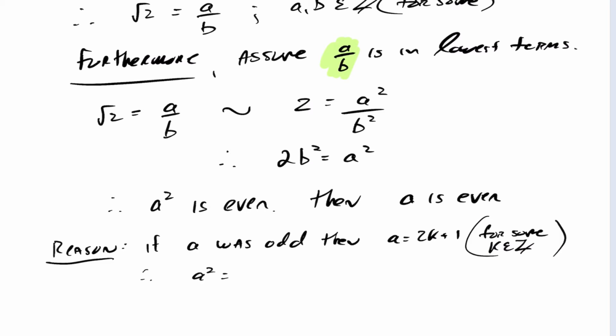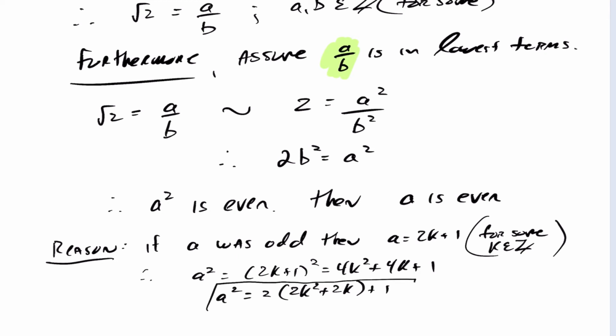Therefore, a squared is 2k plus 1 squared, which is 4k squared plus 4k plus 1. Therefore, a squared is 2, and I can factor 2 out of the first two terms.